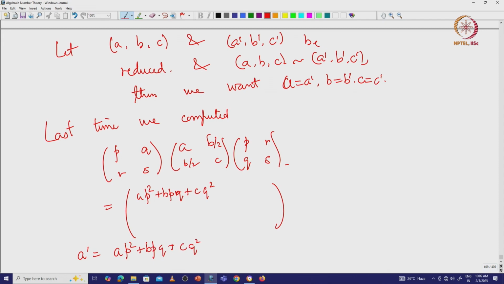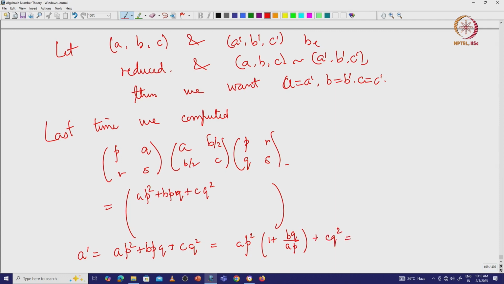Okay. Now, I can rewrite this as A P square times 1 plus B Q by A P, plus C Q square.